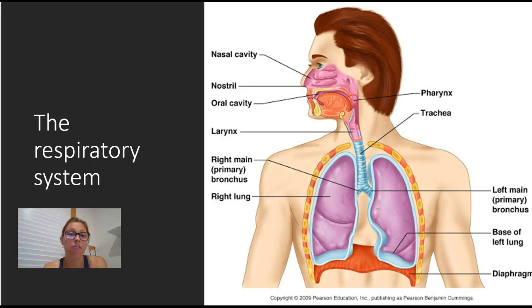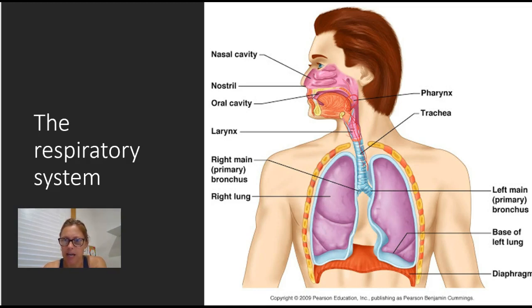Some of you may have had pharyngitis before rather than laryngitis, and that is there at the back of your throat. As we come down here, we are traveling down our trachea, and down this way is the ribbed cartilage where the air travels down.